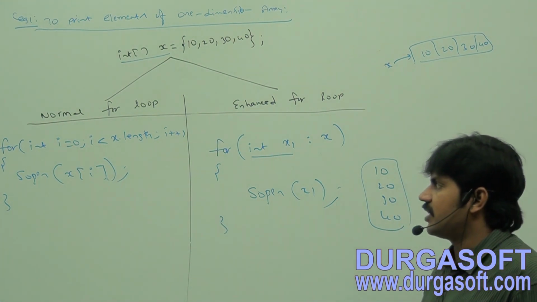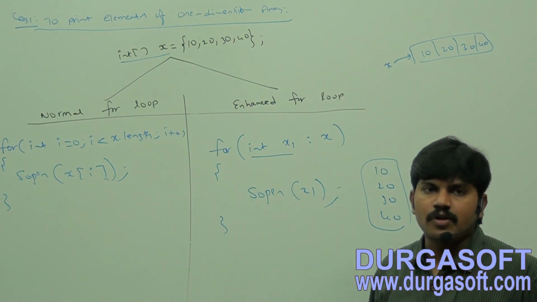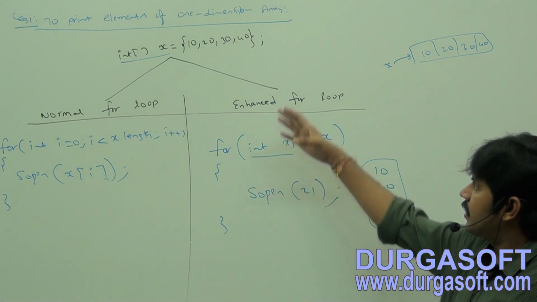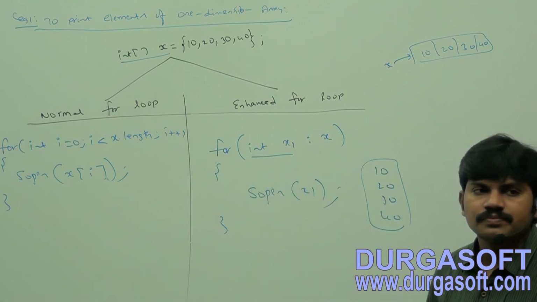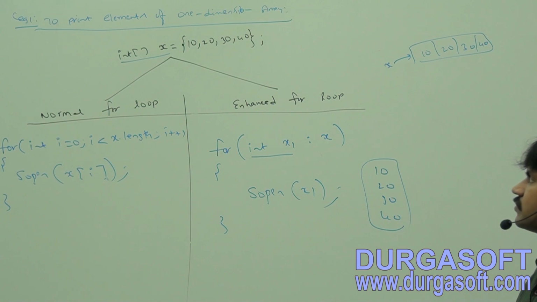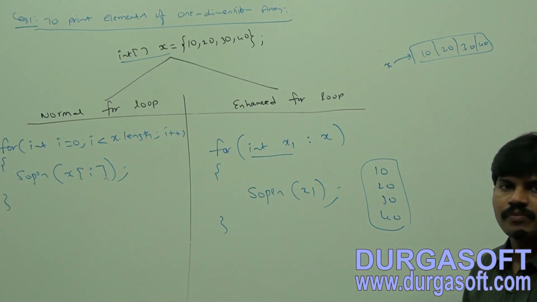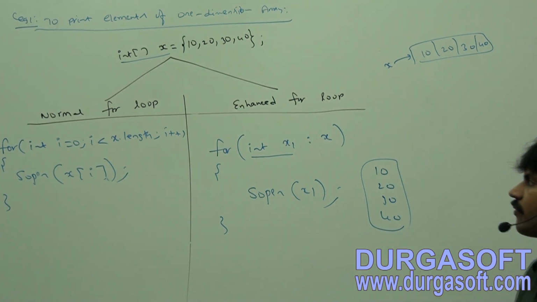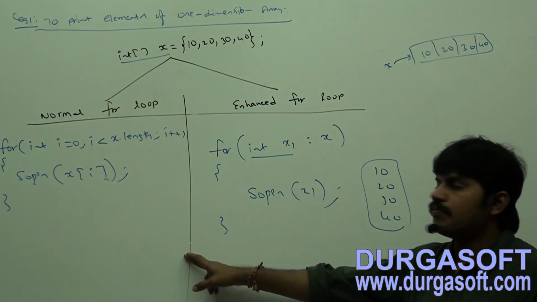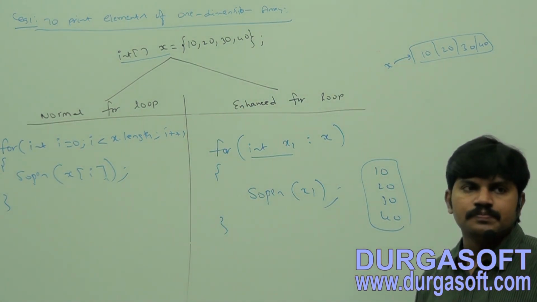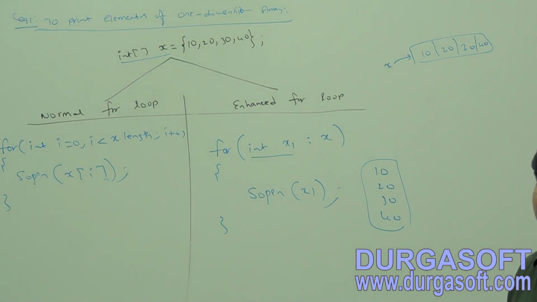Take this example anyway. Normal for loop. Take a complete example. Int array, normal for loop and enhanced for loop. Observe the difference, right?